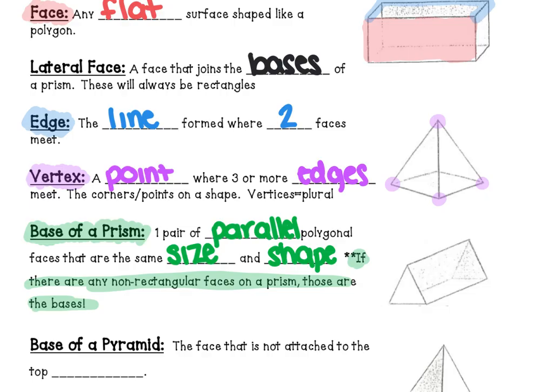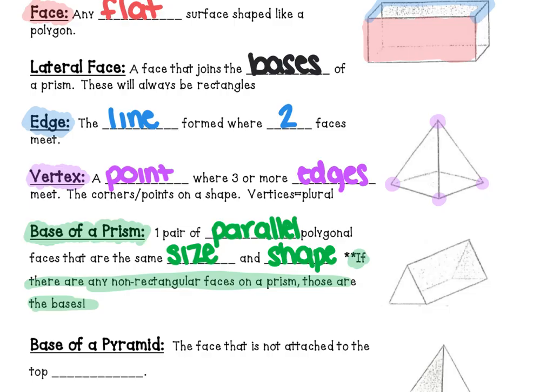You've probably talked about the Great Pyramids of Egypt in social studies, right? So a pyramid is always going to come to a point at the top. Prisms are shapes that don't come to a point. So this shape right here is a prism because it doesn't come to a point at the top.